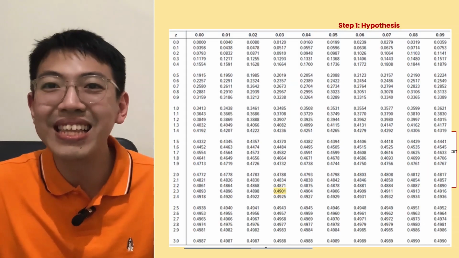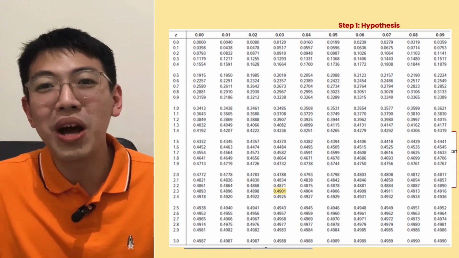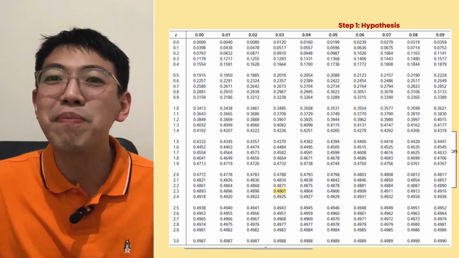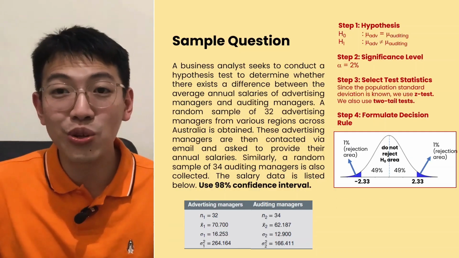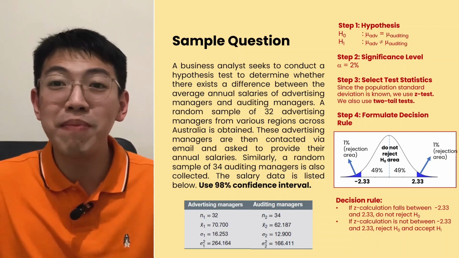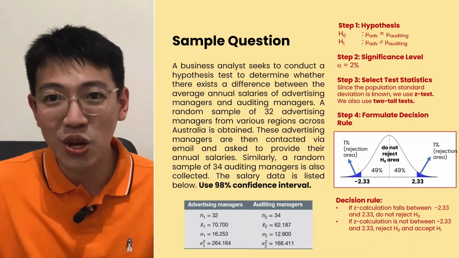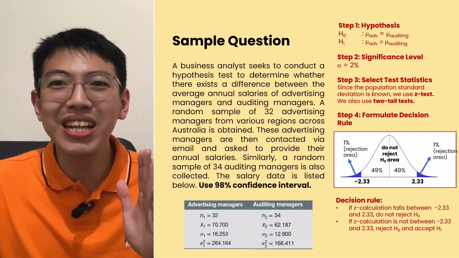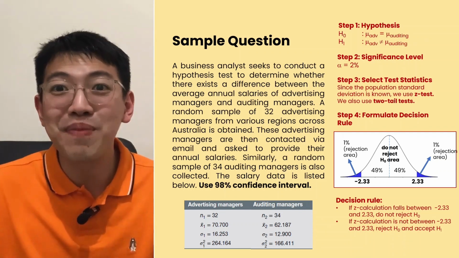We can find that the Z will be 2.33. Since we also have Z critical in the left, the Z critical in the left will be minus 2.33. Therefore, the decision rule will be: if the Z calculation falls between minus 2.33 and 2.33, do not reject H0. While if it falls outside minus 2.33 and 2.33, reject H0 and accept H1.